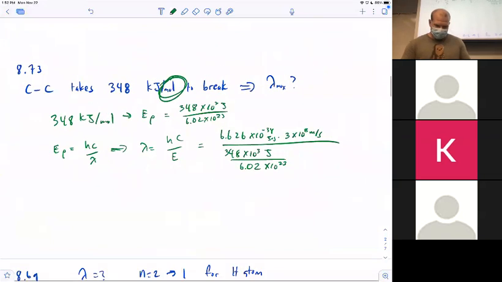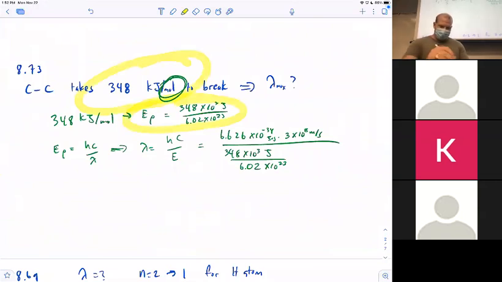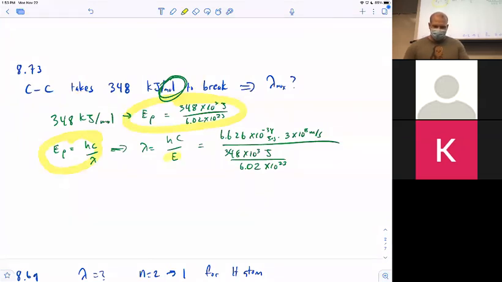This energy per photon is the amount of energy of one photon. If this is 348 kilojoules per mole, you divide that energy by a mole to figure out the energy per photon, and then energy per photon is hc over lambda. We've had it before. Solve for wavelength, and then you plug in the numbers.